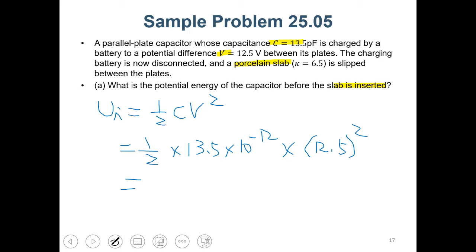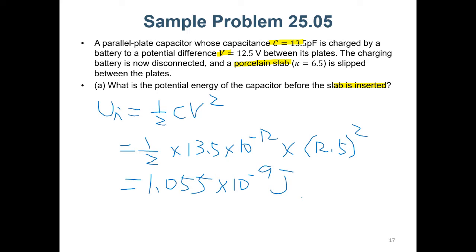So the initial energy is 1.055 times 10 to minus 9 joule. So this is the case before you put in the dielectric slab.